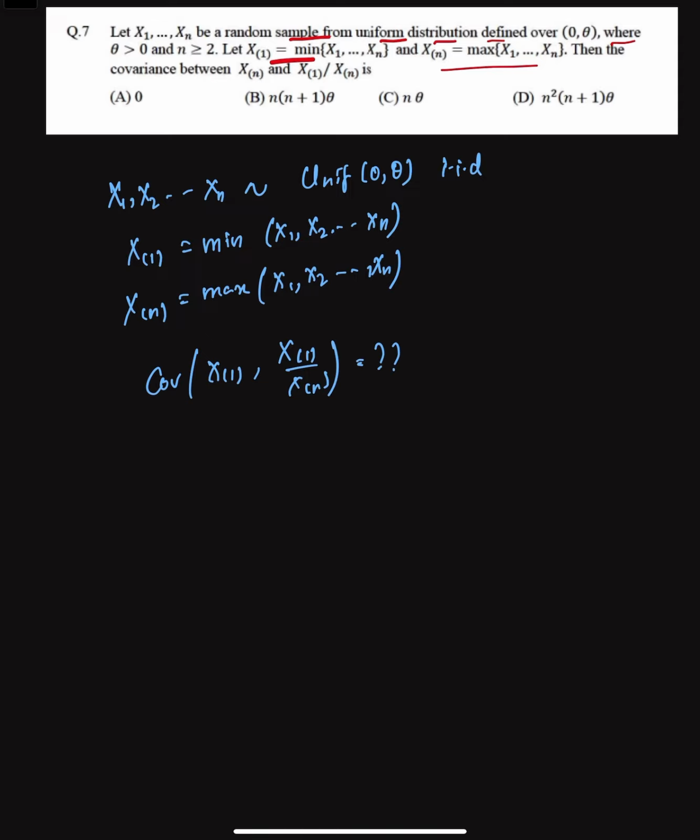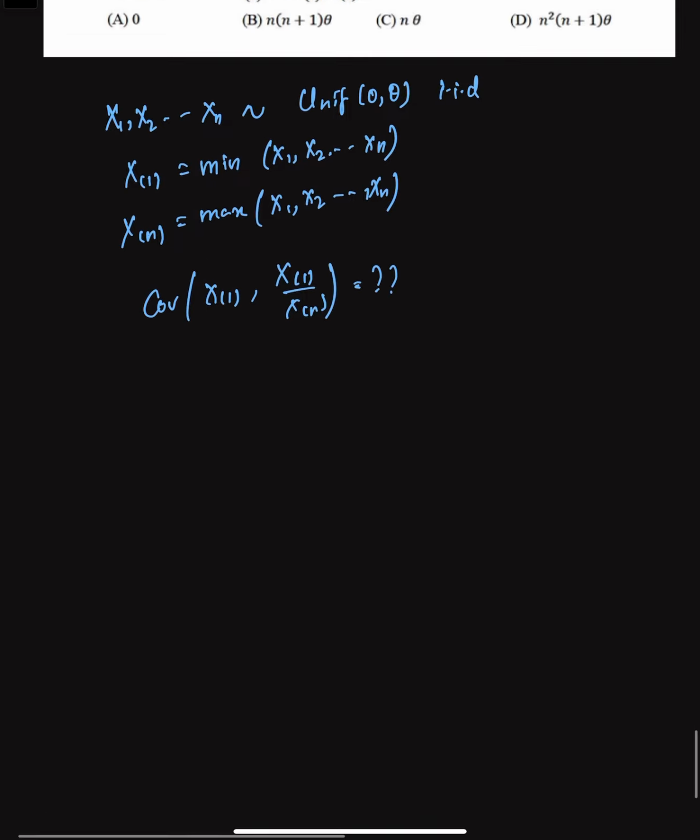So for that, first by using the covariance definition, I can write this as expectation of x of n into x of 1 by x of n. So we need covariance of x of n and x of 1 by x of n.